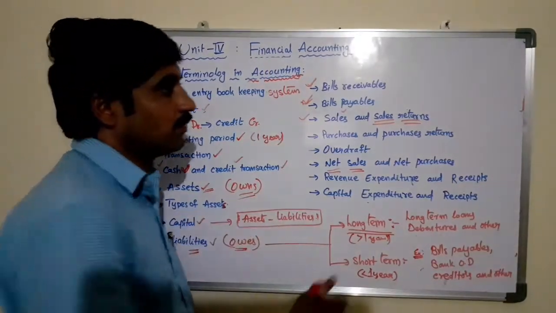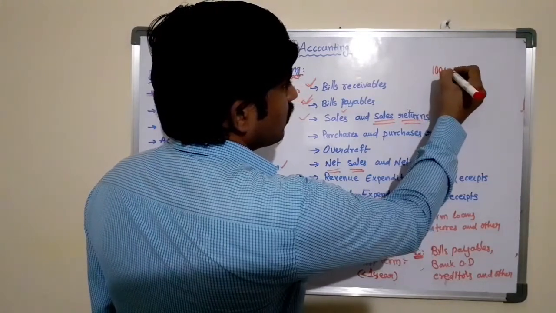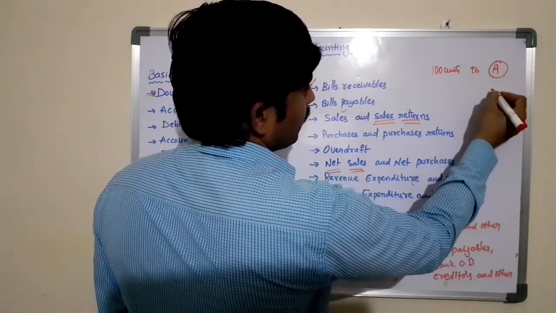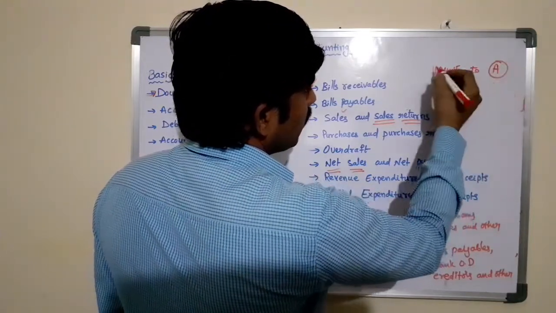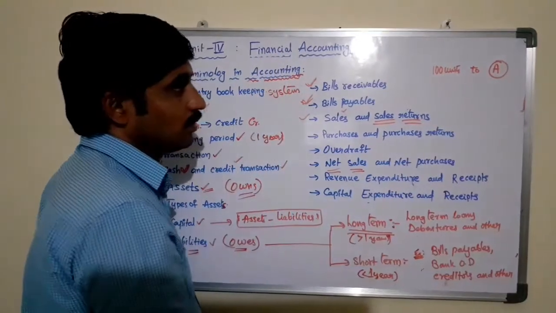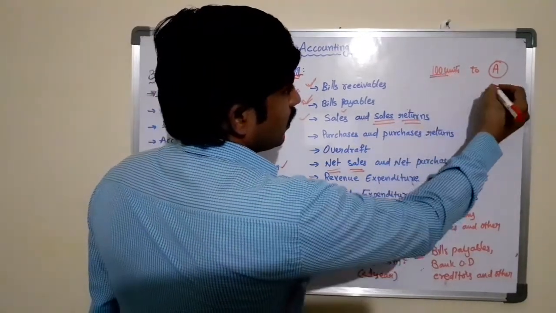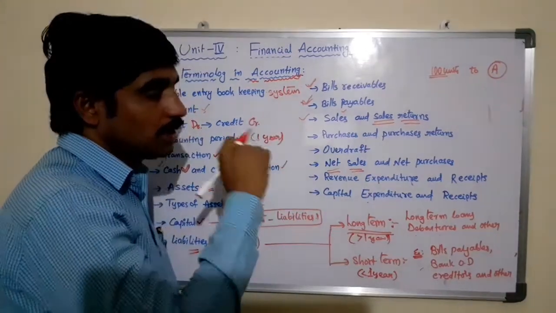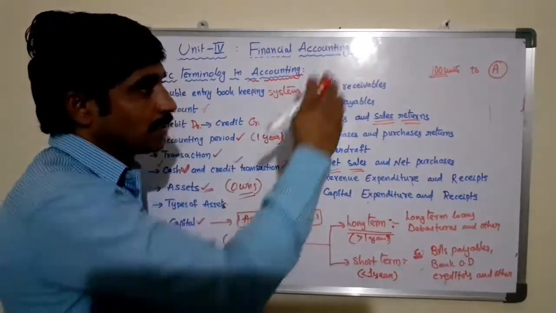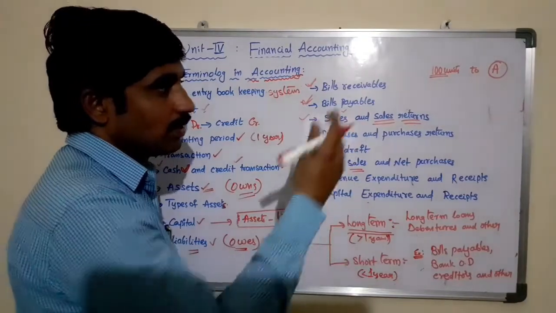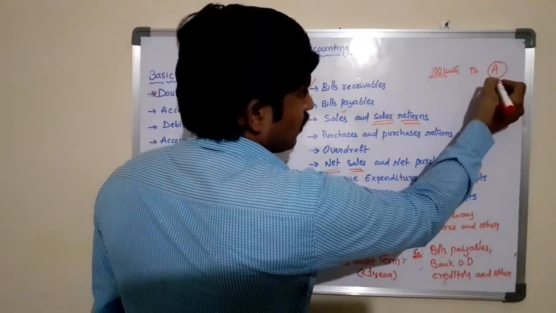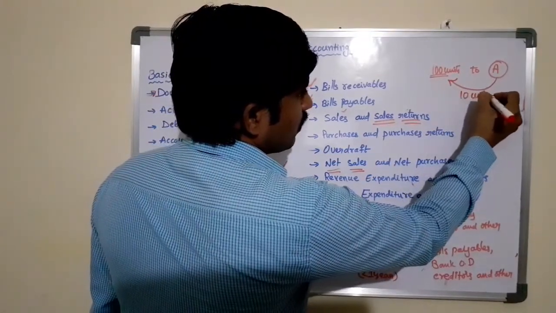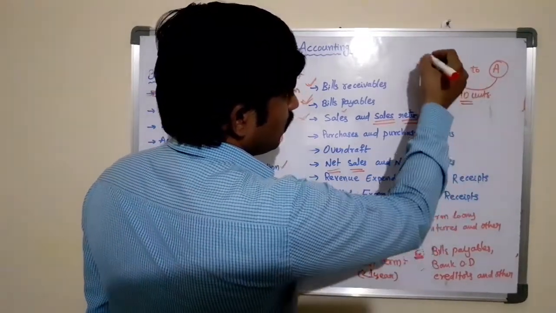For example, here 100 units are sold in the market to Mr. A. Due to some reason, out of 100 units, 10 units are not good, meaning these 10 units did not reach the expectations of customer A. So the customer is returning 10 units out of 100 units to the business.